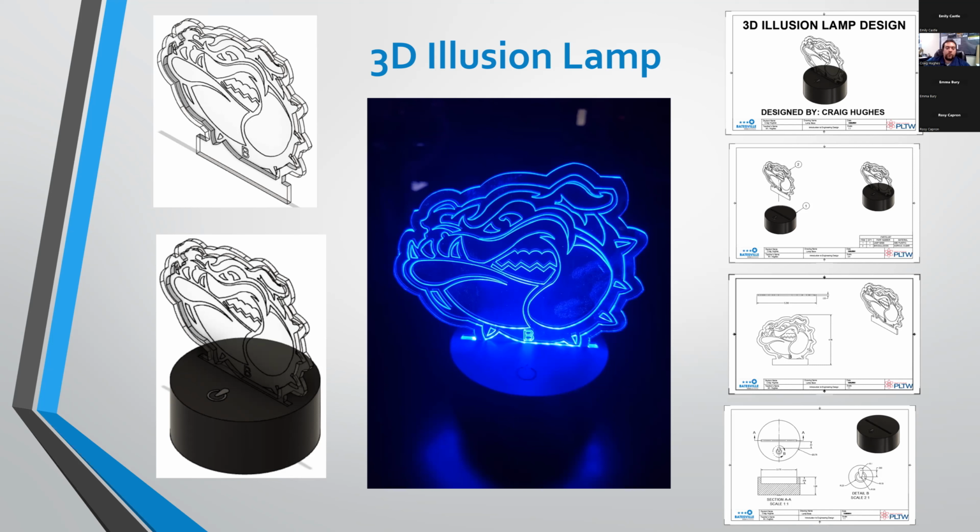Usually it's a series of four sheets, and I make them do a title sheet, an assembly drawing to show how it's put together, and then their individual part drawings or detail drawings for the acrylic piece and for the lamp base. We cover different concepts in there, like section views and detail views, trying to make something fun. And the cool thing is they get to take that home. This is a consumable item that they take home, and they really get excited and enjoy this.